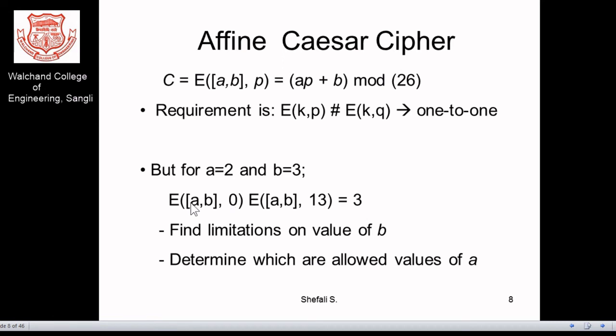So 2 multiplied by 0 plus b, which is 3, mod 26, gives me 3. Similarly, with the same values 2 and 3, if my plaintext position is 13, then 13 multiplied by 2 is 26, and 26 mod 26 is 0, plus b gives me 3 again. So if I go for plaintext 0 or plaintext 13, both give the result 3.